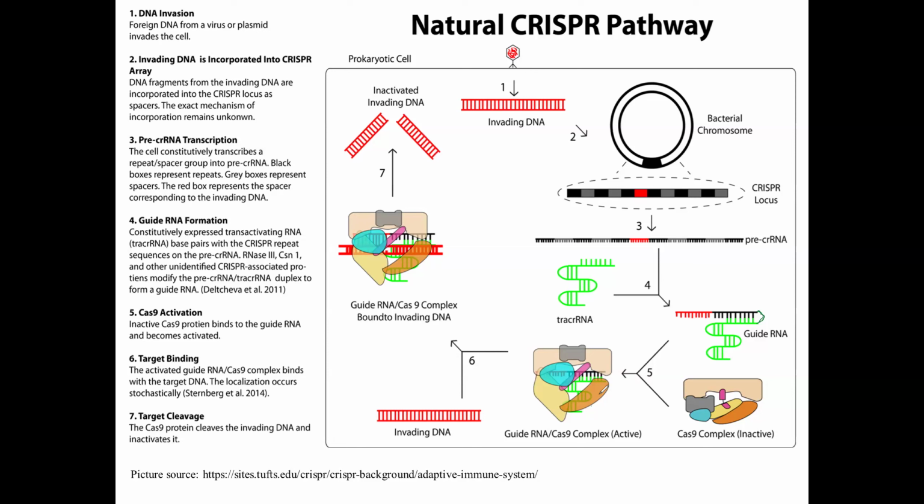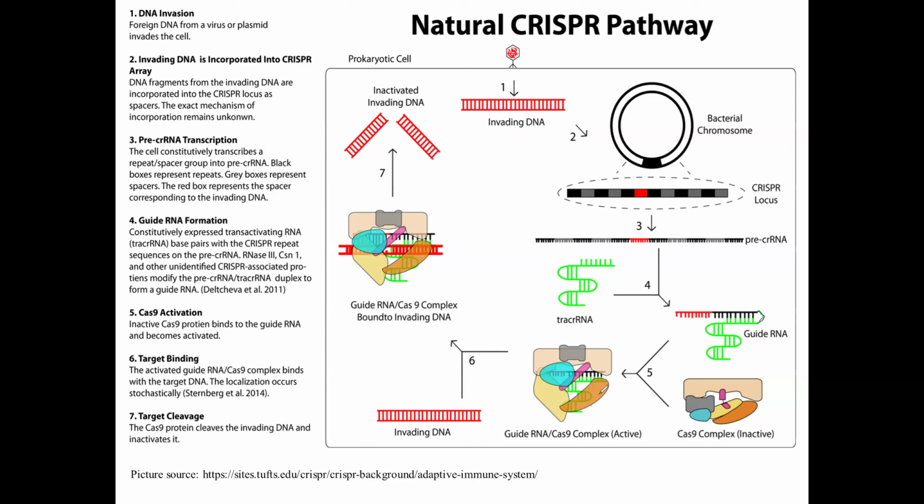So the cleavage is highly restricted. It's not like any nuclease will chop indiscriminately. So this is highly regulated. The protein has to bind to the guide RNA. Then the protein with the guide RNA has to bind to the target DNA, and then it will try to denature the target DNA locally, and then it will try to anneal the spacer sequence to the target sequence.